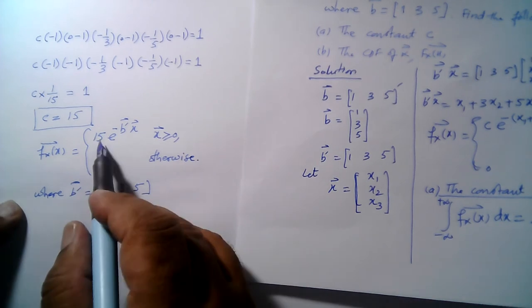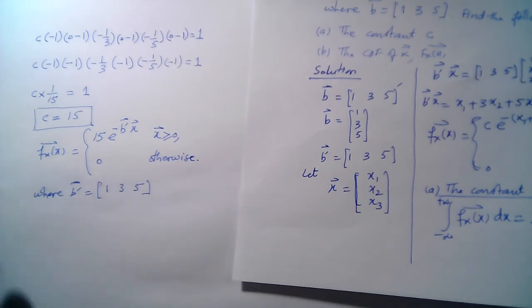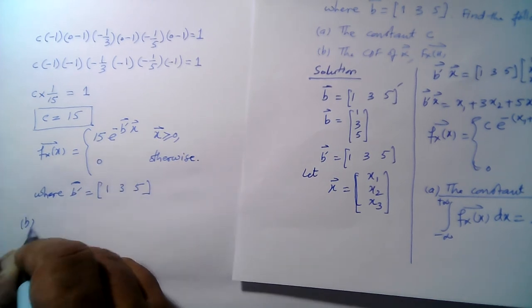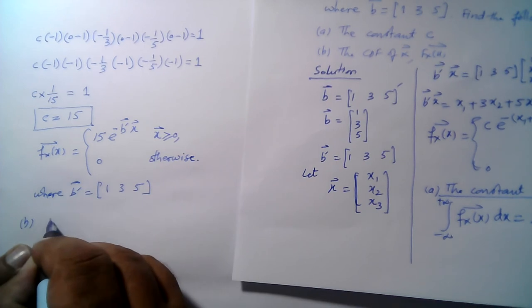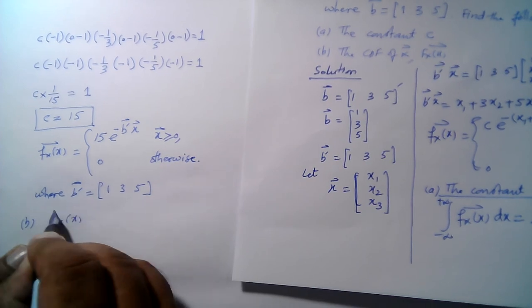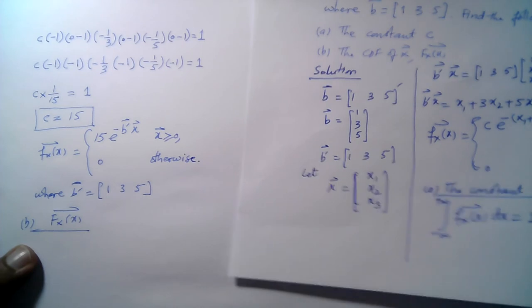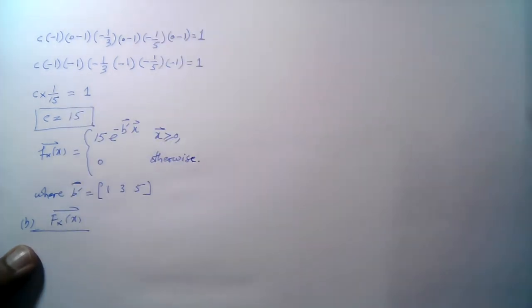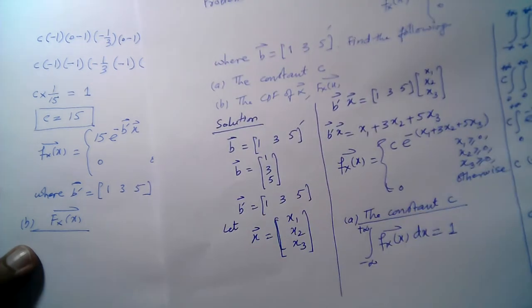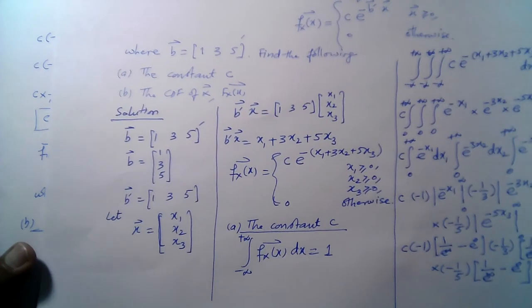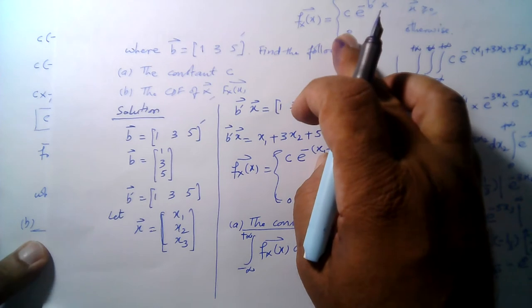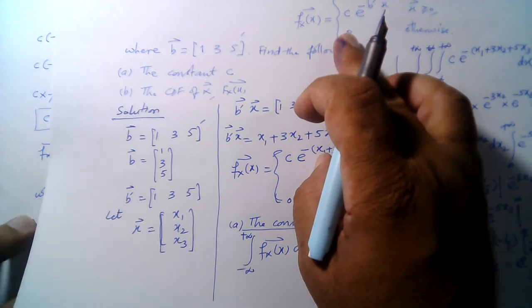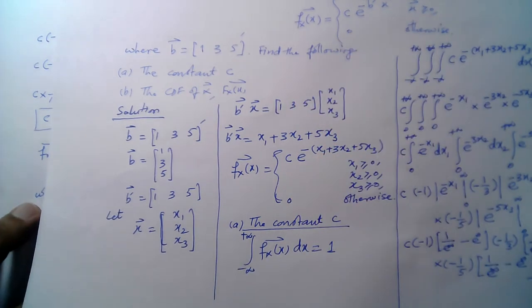With this constant now, the next part of our problem is to find the CDF of x, FX of x. The CDF of x can be found by integrating the PDF. So if we integrate the PDF, we will get the CDF.